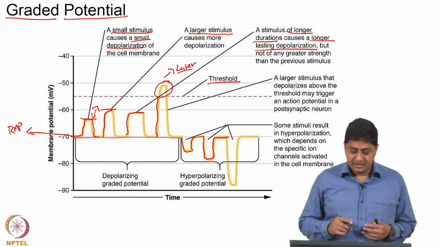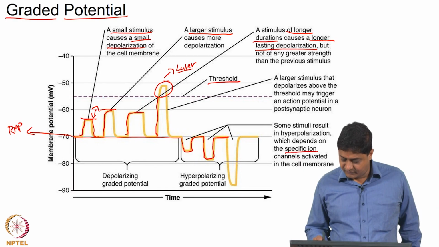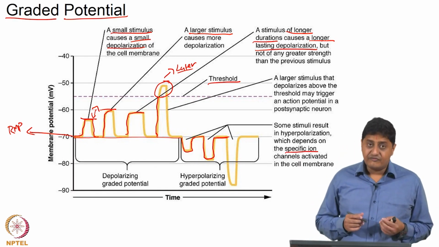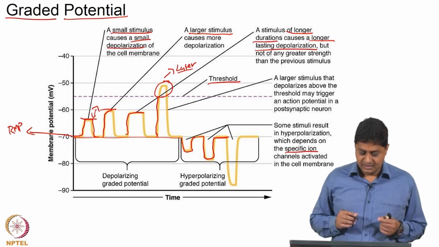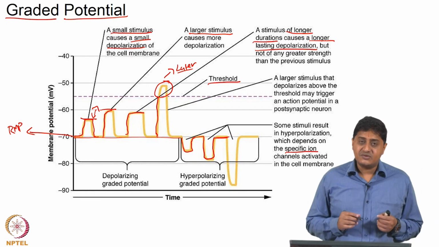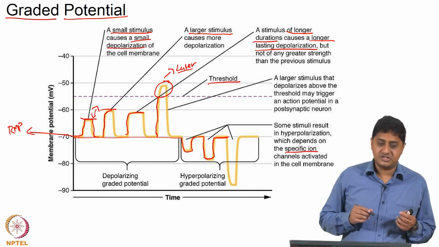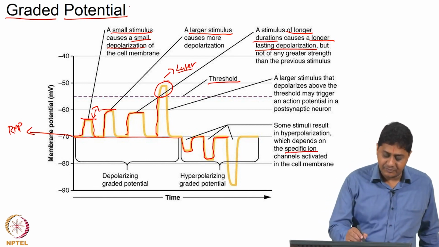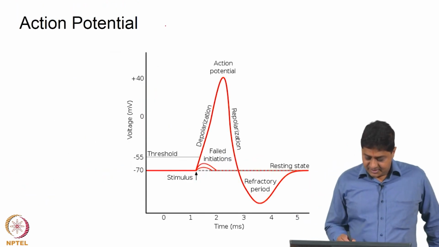So depending on the specific ion channels that are involved or activated, and on the stimulus, it is possible for the membrane to be depolarized or hyperpolarized. The case where the response has a one-to-one relationship with the stimulus or the input is called graded potential.